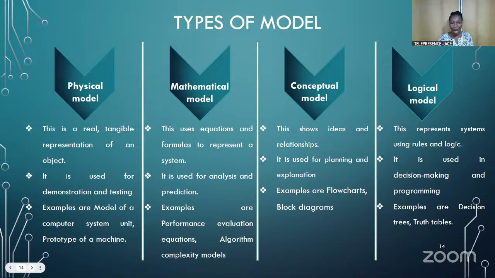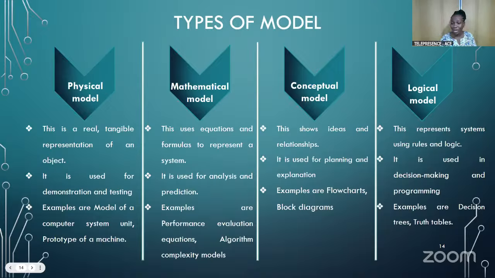Now, we also have what we call the mathematical model. Every mathematical equation is a model. Yes, it is a model. So a mathematical model uses equations and formulas to represent a system. They are used for analysis, they are used for prediction.